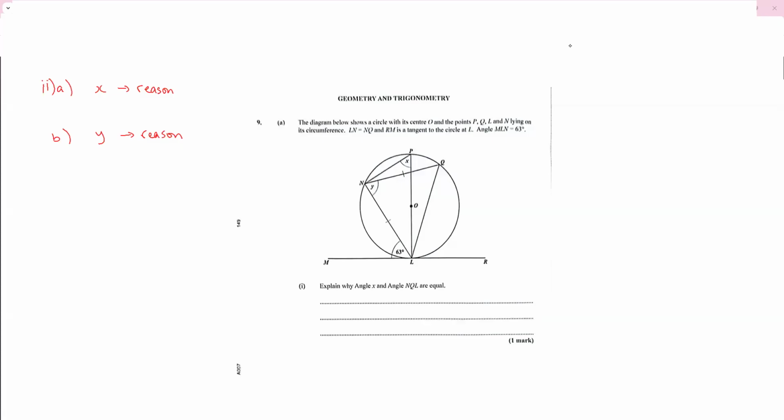All right, so let's take a look at this question. This question is coming from the January 2025 paper. So for circle theorems, you could find it at number 9.